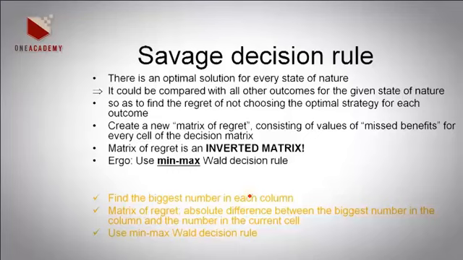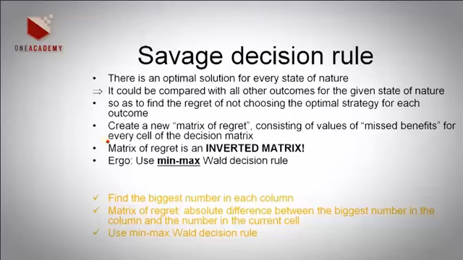The Savage decision rule is actually a bit more complex, a bit more sophisticated, because it actually has two stages. One stage is that we reconstruct the decision matrix, and the second stage is that in the newly constructed decision matrix we make our decision.